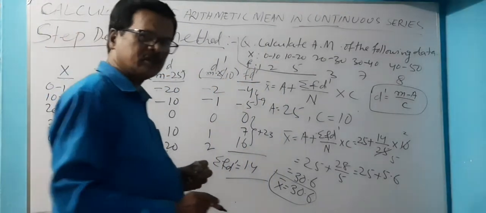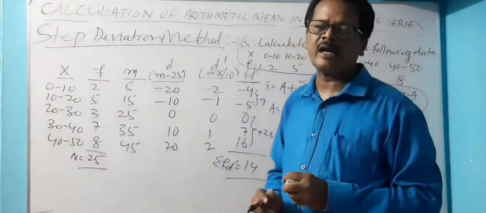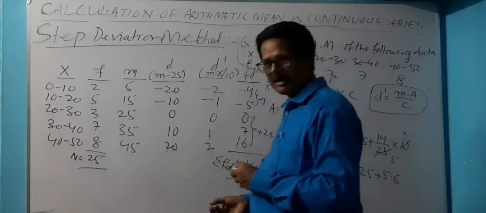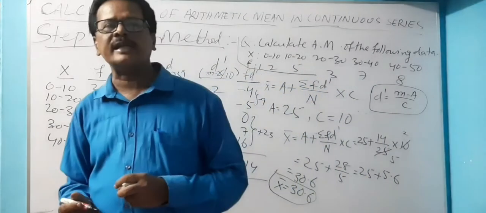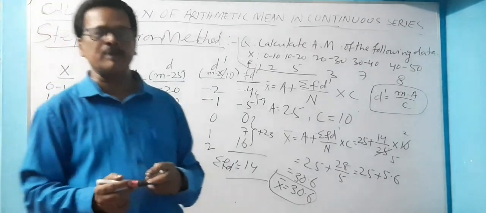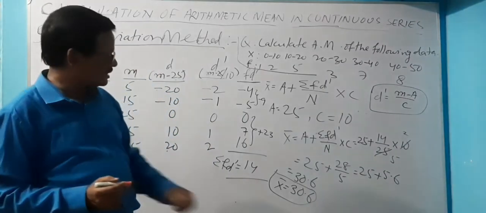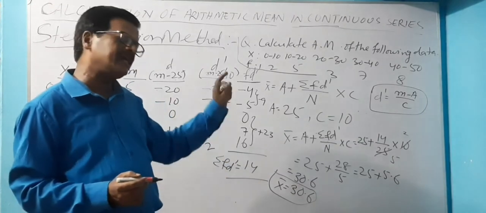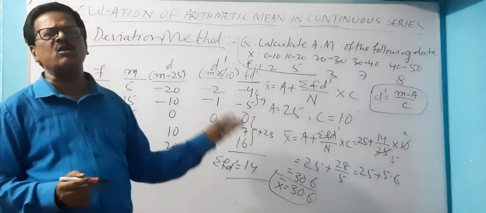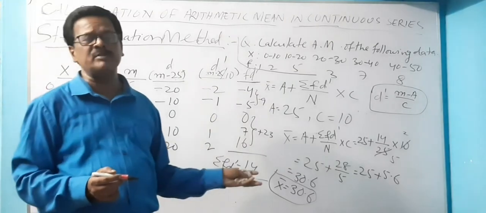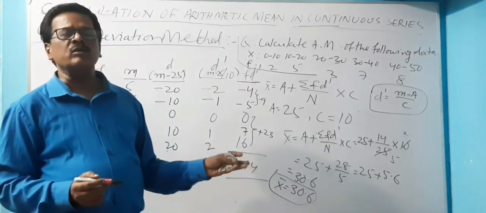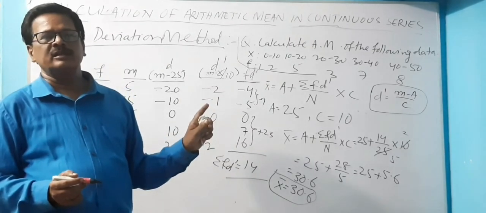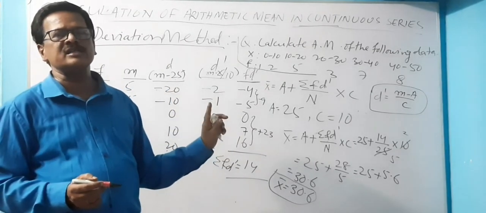In shortcut method, it also gave us 30.6, and by using step deviation method also, we get X bar is equal to 30.6. So in all the methods, you can use any method, either direct method or shortcut method or step deviation method. We will get the same value, the same answer. X bar will be same in all the answers.